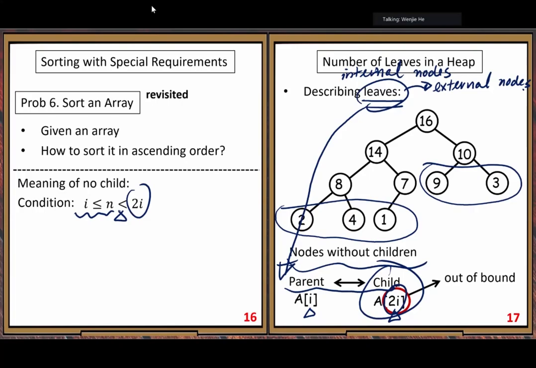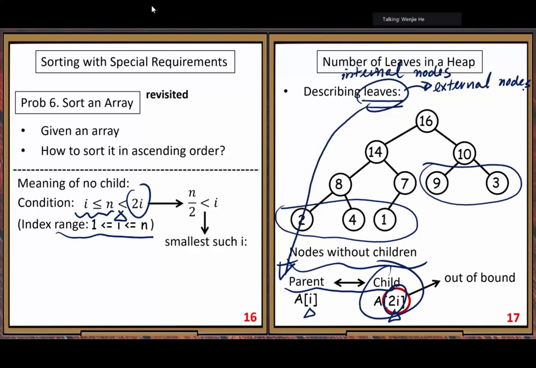Now let us work on this inequality. We want to describe the range for the I index. What is the suitable range for this index I? Index range in this interval. All right.